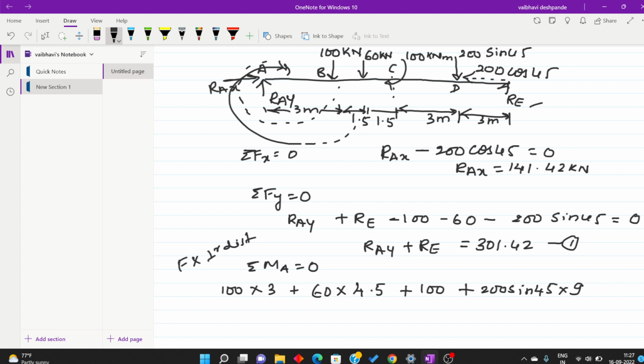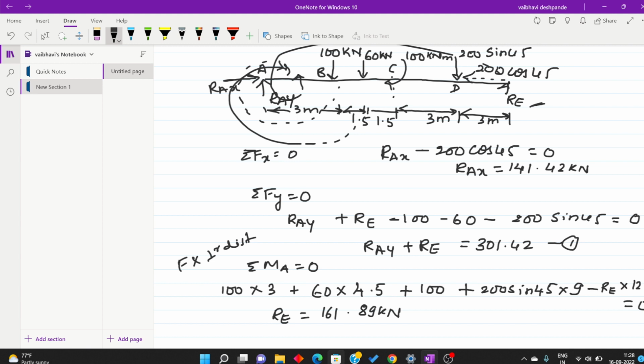Then what else do we have to consider? Next is RE. RE is going to cause an anti-clockwise moment about point A. So minus RE into the distance, that is 12 meters, equal to 0. Therefore, on simplification, we get RE equal to 161.89 kilonewton.